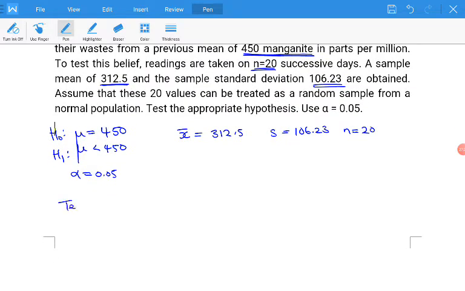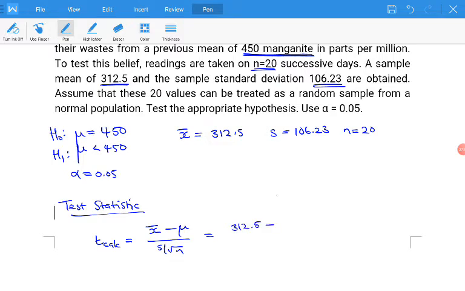So our test statistic T-calc is equal to x bar minus mu over s over root n, which is equal to 312.5 minus 450 over 106.23 over root 20.